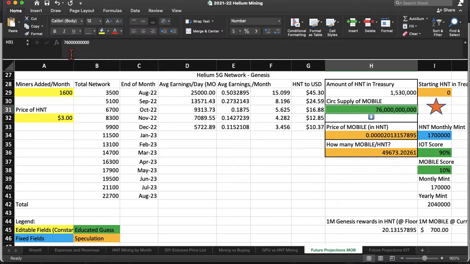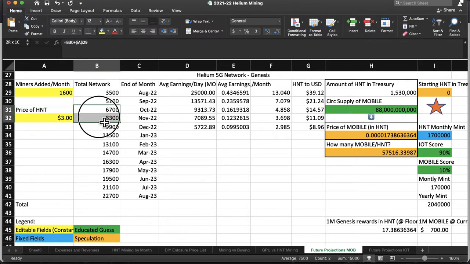Sorry, 76 billion. It's at least going to be 50 because that's the pre-mine. Then once things start to get minted, let's call it 88. So again, just working through some scenarios.